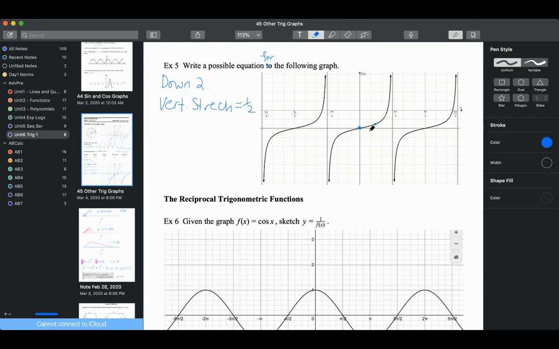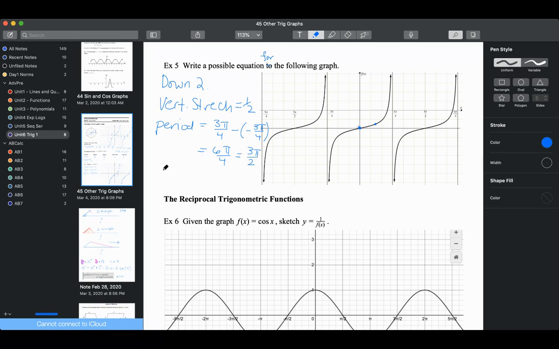My period is between 3 pi over 4 and negative 3 pi over 4. So I get a period that's 6 pi over 4 or 3 pi over 2. And I know that a normal period is equal to pi.